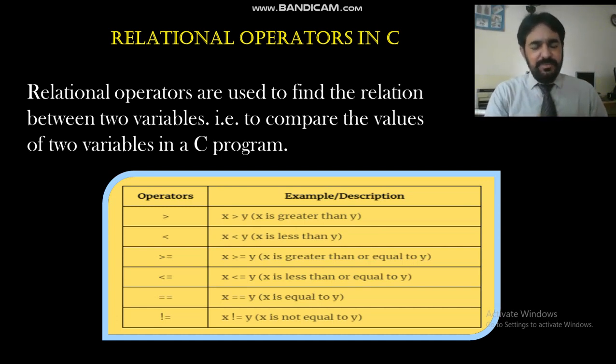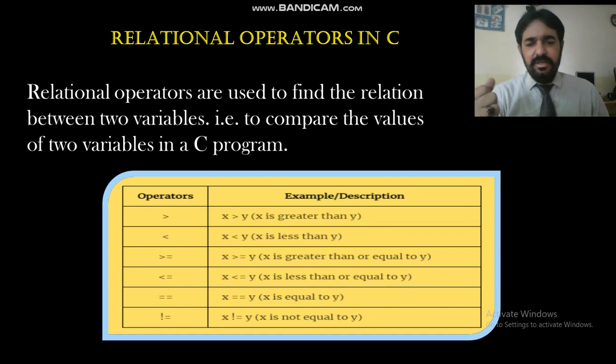For example, the first one is greater than. x greater than y, x is greater than y. Like we study and say, x is greater than y. Then we have less than. x less than y, x is less than y.